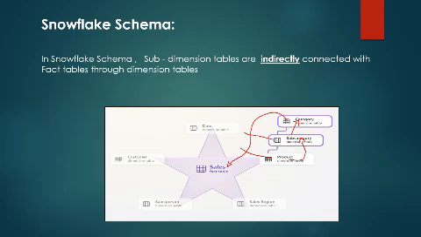Categories are connected to subcategory, to product table, to the fact table, sorry, sales table. So this is the fact table, this is the dimension table, and these two are subdimension tables.